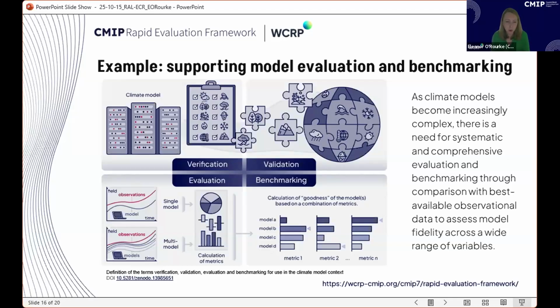This has become really important because our climate models and our Earth system models are becoming more and more complex. There are more processes being represented as the resolution increases, things like the carbon cycle. So we need different observations and new observations to compare with.